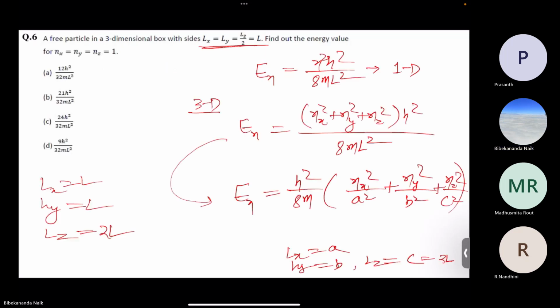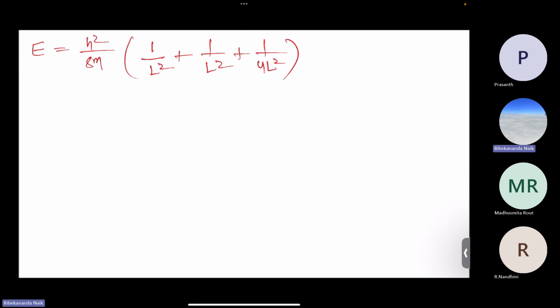So what will be the energy? E will be h square by 8m times 1 by L square plus 1 by L square plus 1 by 4L square. Here Nx, Ny, Nz are 1, but these values are different, so we will put like this. Then it will be h square by 8m.